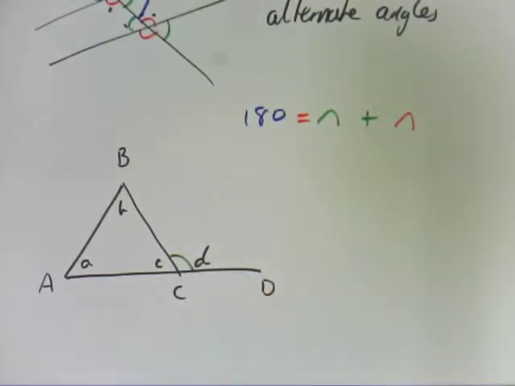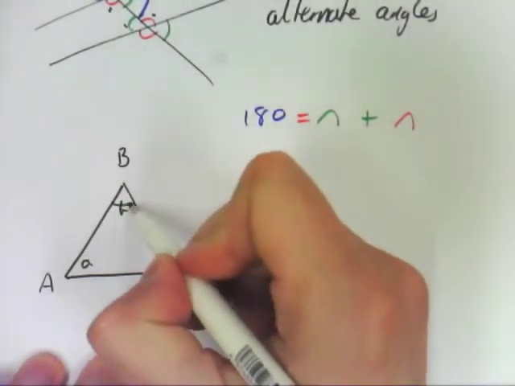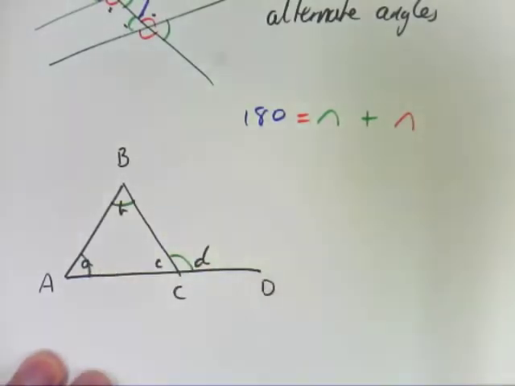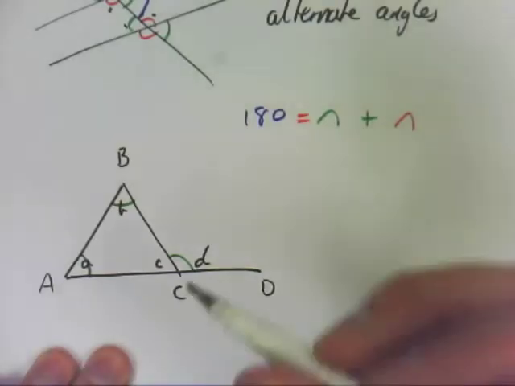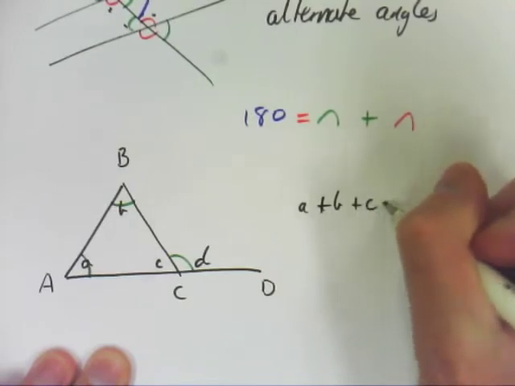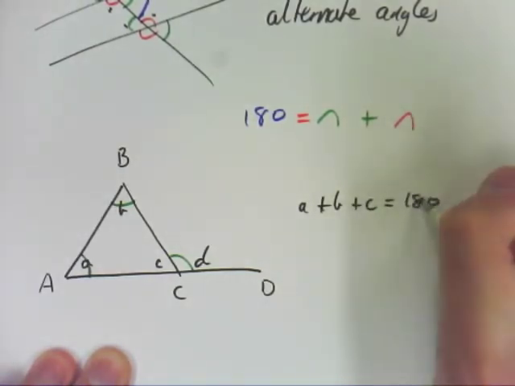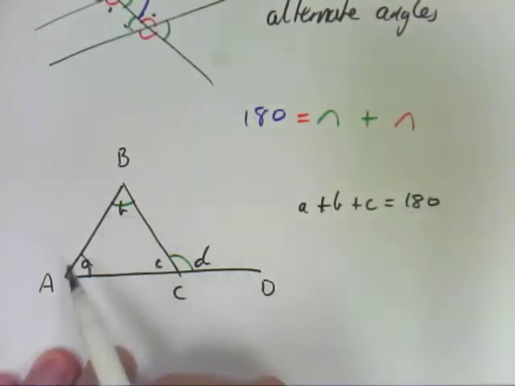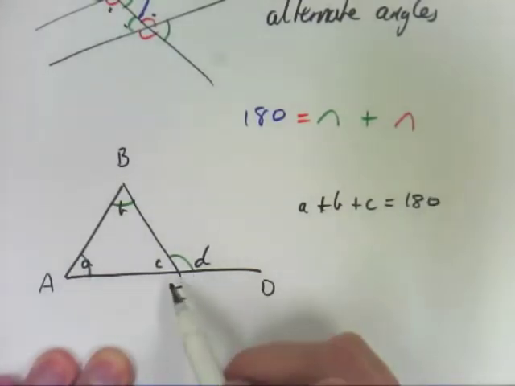But this angle D out here, and you guys are more than welcome to try this, is actually the same as A plus B. Now here's the tricky bit. Why? We know that angle A plus angle B plus angle C must equal 180, because they're in a triangle, so they have to equal 180.